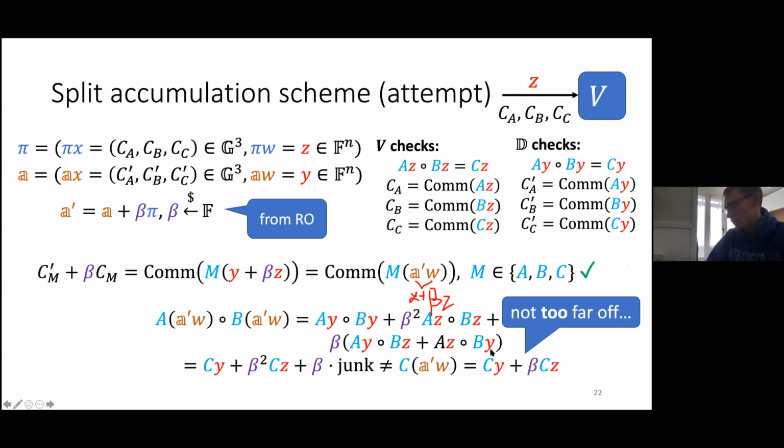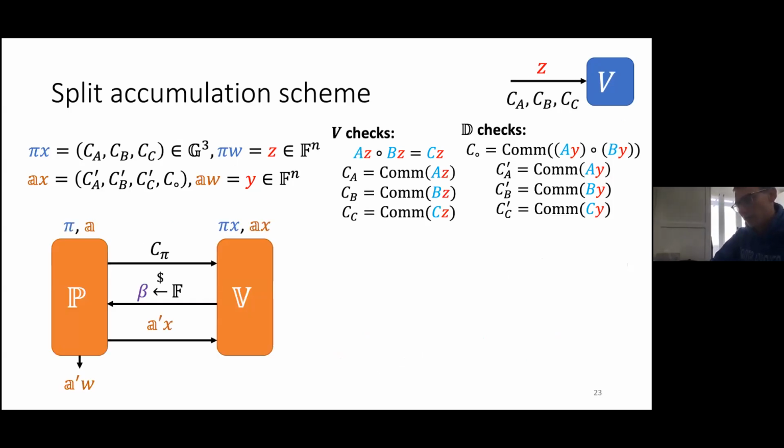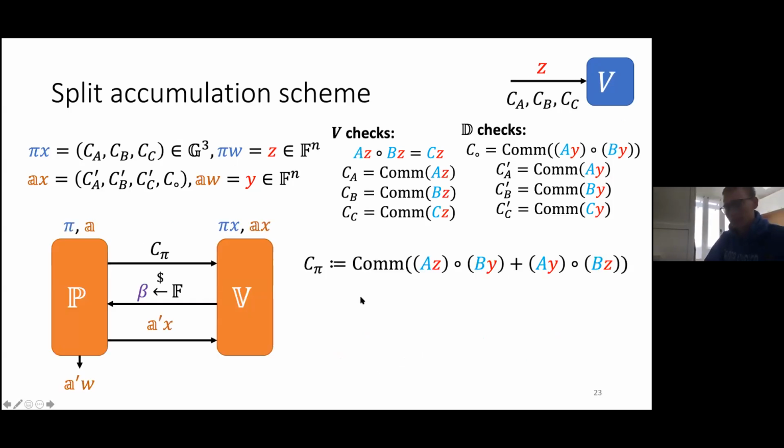These are fully determined before knowing beta; we just don't know the beta terms. So we can commit to junk before knowing beta, and this is exactly what we'll do. So we'll create this element C pi, which is the commitment to these cross terms.